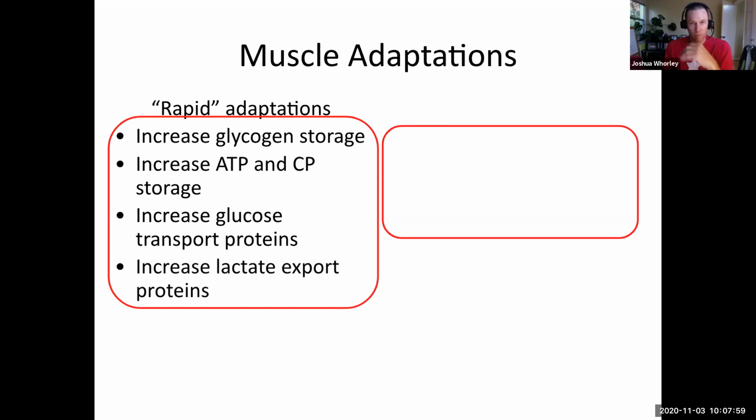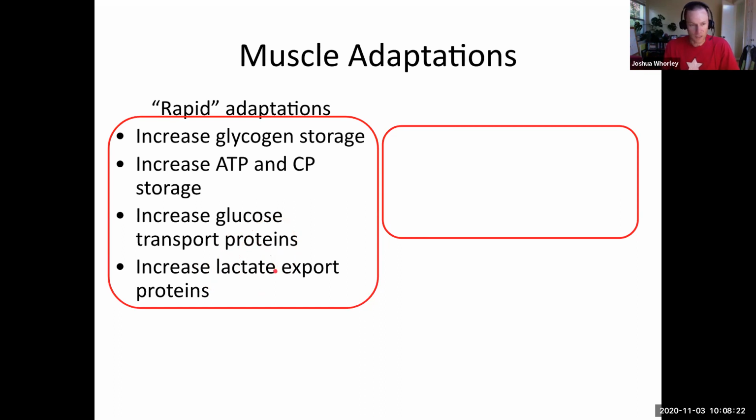So remember, when you've challenged a muscle cell so much that it can no longer sustain its normal activity via aerobic respiration, and it has to switch to more glycolysis, that's when you start getting a buildup of lactate. We've got to get rid of that so we can take it to the liver, rebuild it into glucose, and so on. So you increase your lactate export proteins.